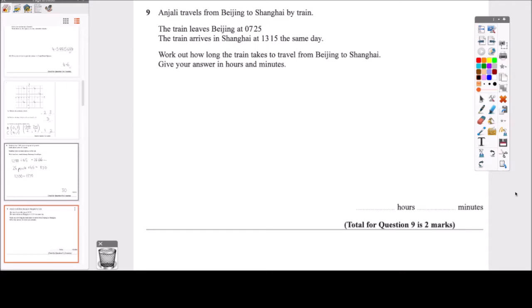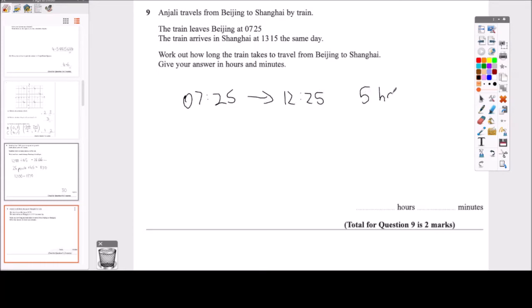Question 9. Now we all know how to tell the time, but I just think it's ever so easy to make mistakes on these, so do be very careful. I think it's best just to start doing it by hours using your fingers. So if we go from 7:25, 1 hour takes us to 8:25, 9:25, 10:25, 11:25, 12:25. So I think 5 hours will take us to 12:25.